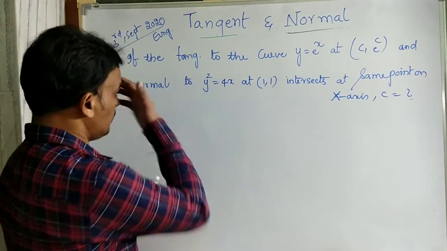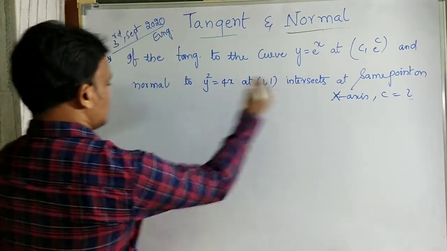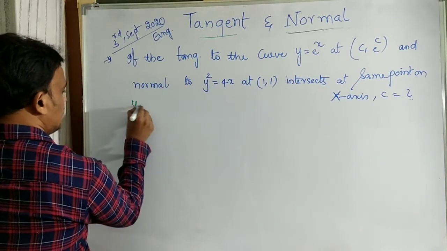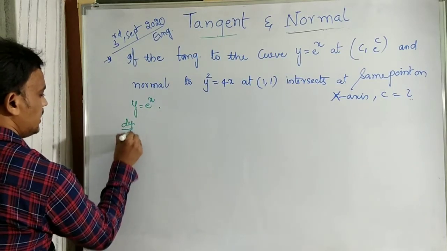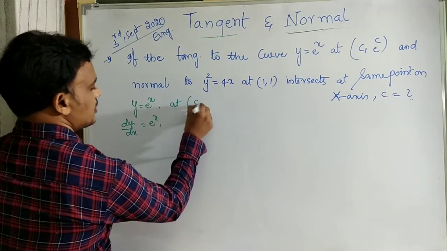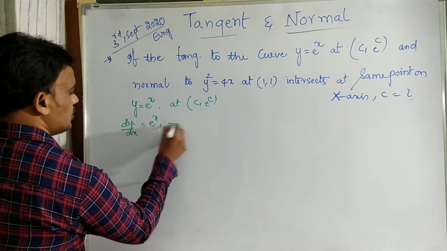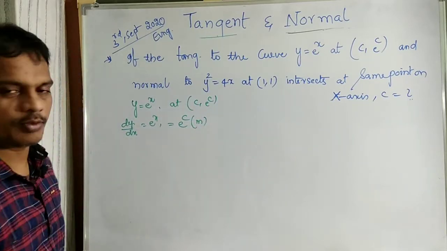Okay, come on, first of all find the equation of the tangent where it meets the x-axis. The first curve is y equals e power x. So its derivative dy by dx is e power x. At that particular point c comma e power c, the slope of the tangent is e power c.